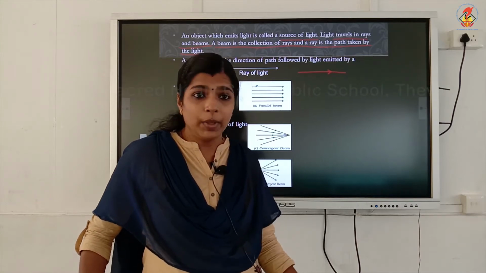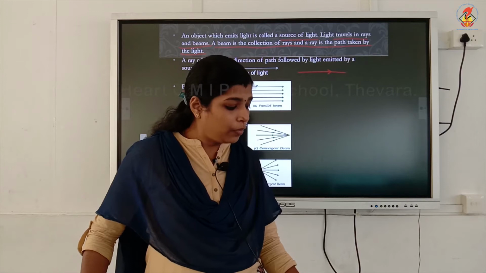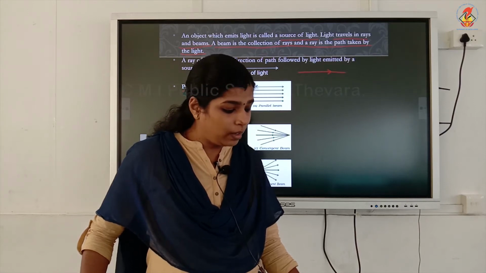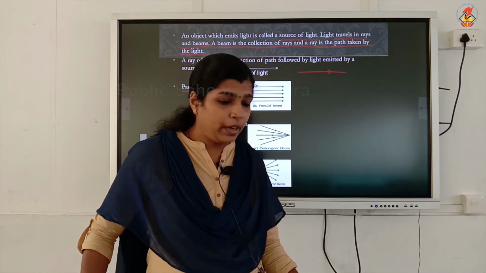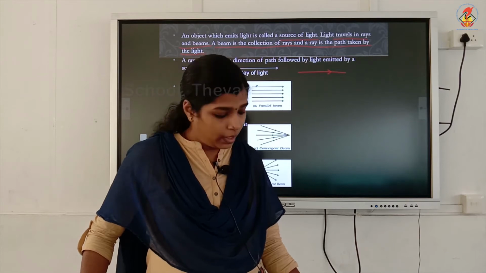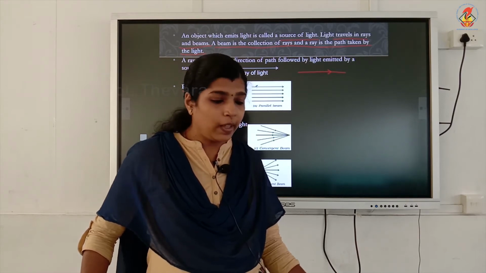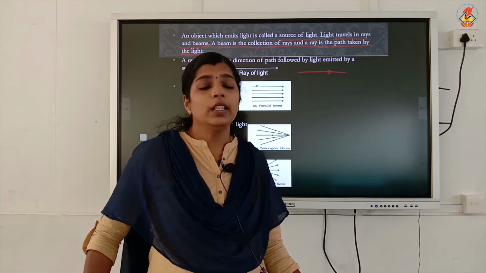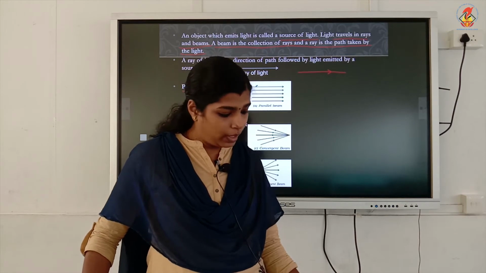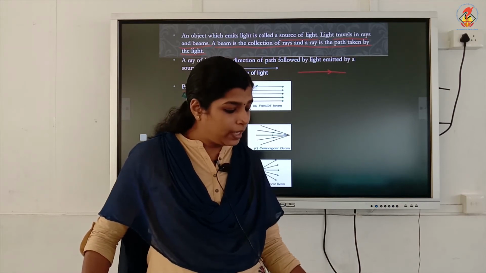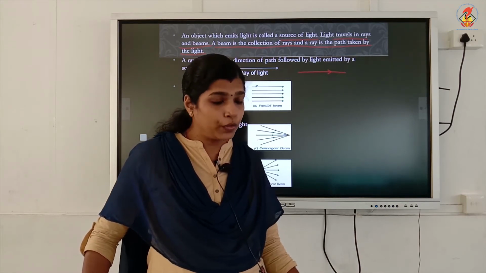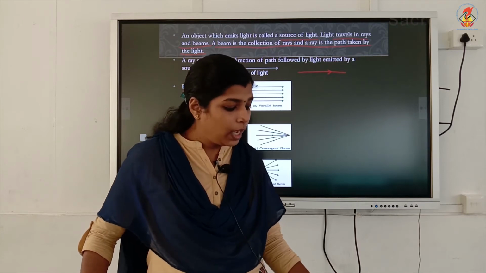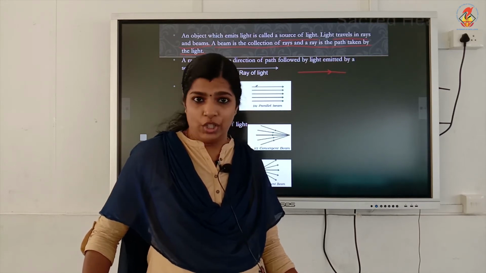A beam of light consisting of parallel rays of light is known as a parallel beam of light. The rays of light coming from a far off source such as the sun are parallel to each other.